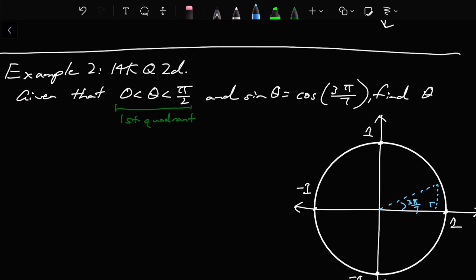Okay, we know that this is the cosine value, or in other words, the long side. And we want the sine that gives us the same thing. So, how are we going to do this? Well, we're going to draw in a triangle, and we need to figure out what is the actual value of the angle that gives us the same long side.